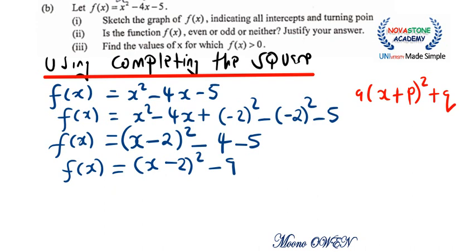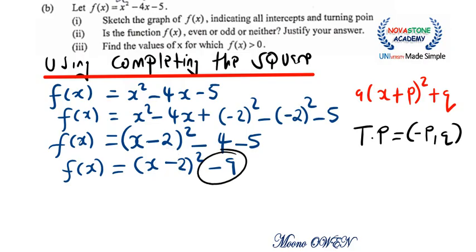Now for us to find the turning point, because the question is asking us to find the turning point, the turning point is given by -p, q. So in this case, -2 is our p, then our q is -9. Since we have a negative and here we have a negative, we're just going to have a positive.